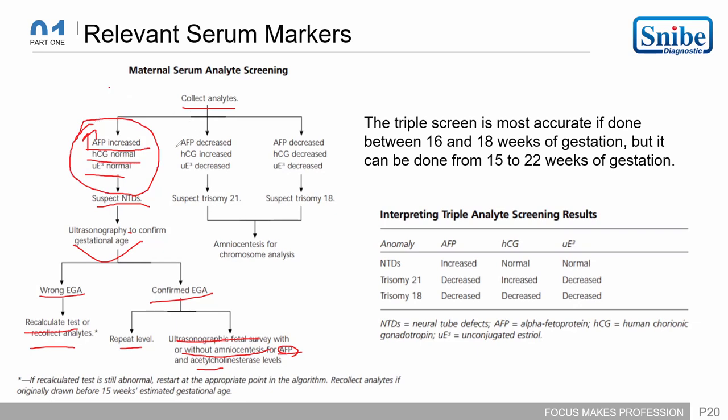If we talk about the triple test during the 16 to 18 weeks, which is the ideal time duration for this testing, if the alpha fetoprotein is decreased, the free beta HCG is increased and unconjugated estriol is decreased, in this typical case it is a suspected trisomy 21, that is Down syndrome.